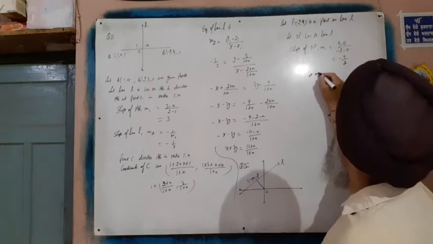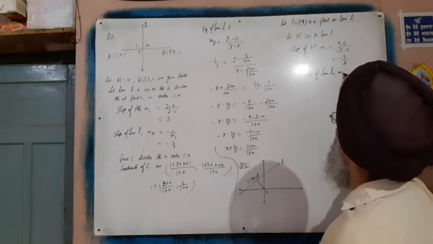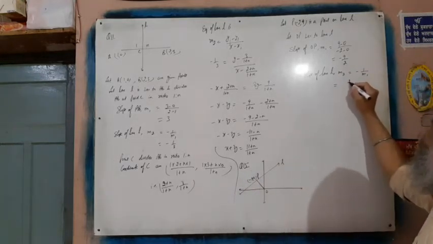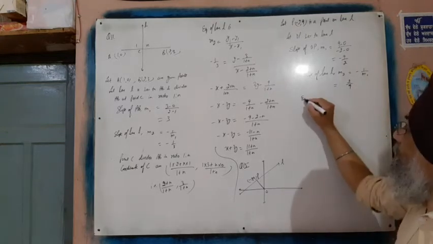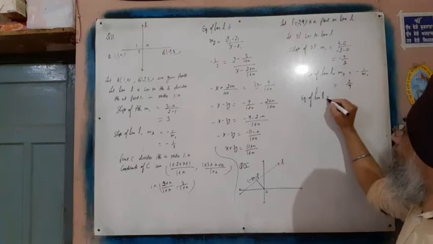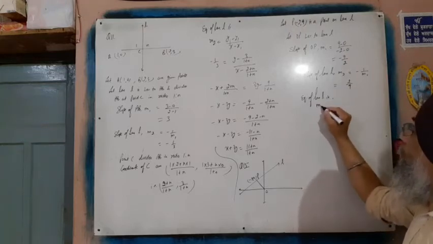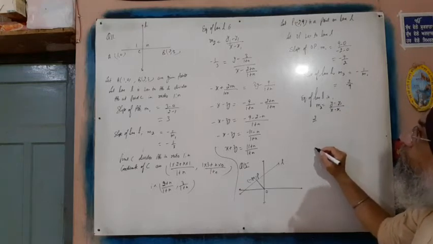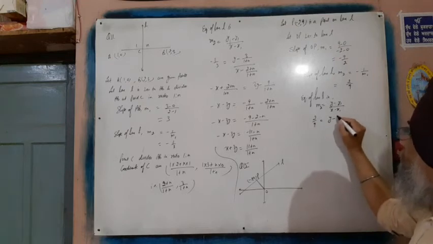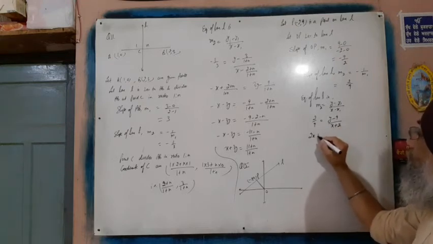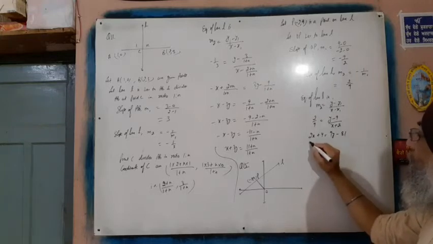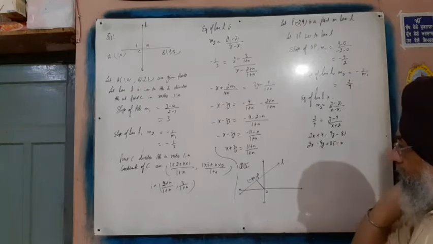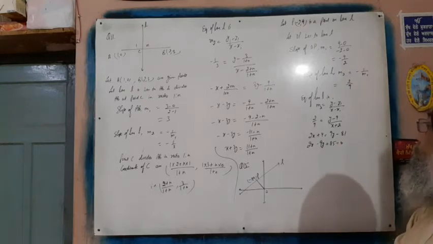Therefore, the slope of line L, that is M2, becomes minus 1 upon M1, which gives 2 upon 9. So the equation of line L is given by M2 is equal to y minus y1 upon x minus x1, 2 upon 9 equals y minus 9 upon x plus 2, so 2x plus 4 equals 9y minus 81, that is 2x minus 9y plus 85 equals 0. Okay?